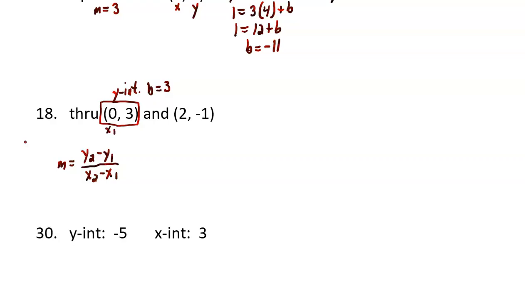This is x1 and this is y1, and this is x2 and this one is y2. So negative 1 subtract 3. And 2 subtract 0. This is negative 4 over 2, which reduces to negative 2. Now we can write the answer.